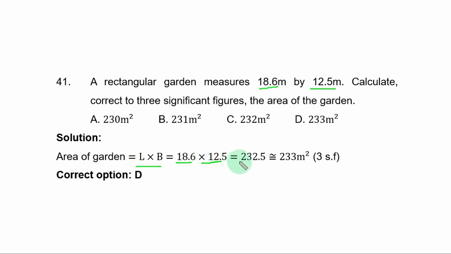That is 232.5. To 3SF, we are interested in this. The next number is 5. Round it up to 1. You add it and you get 233 square meters. D is the correct option.